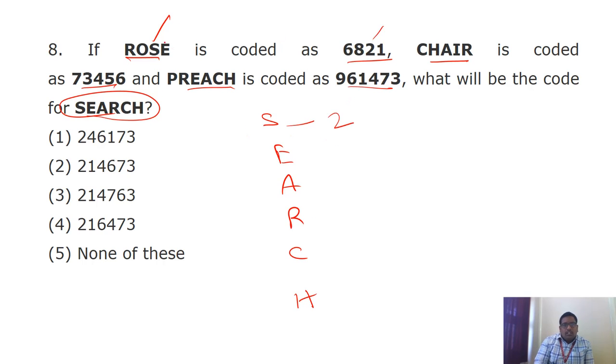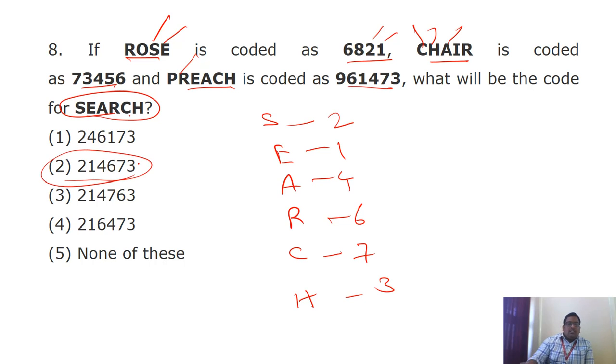E stands for 1, E is here. A stands for 4, A is in between. R stands for 6, R is the second one. C stands for 7, C is the first one. H stands for 3, H is the second one. 214673. 214673. So option 2 is the answer for this question.